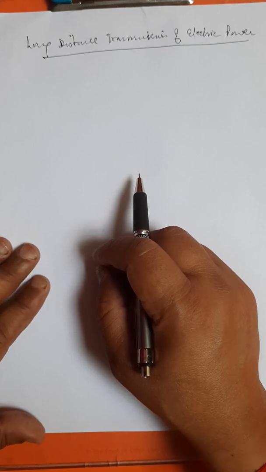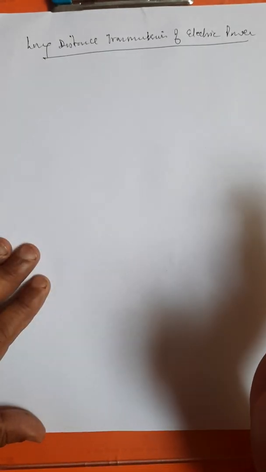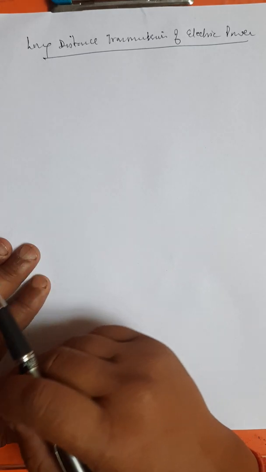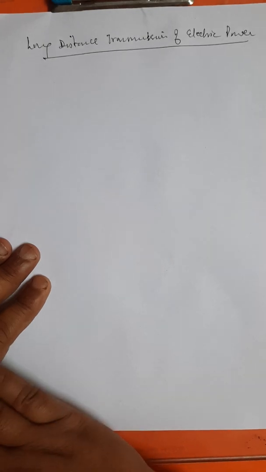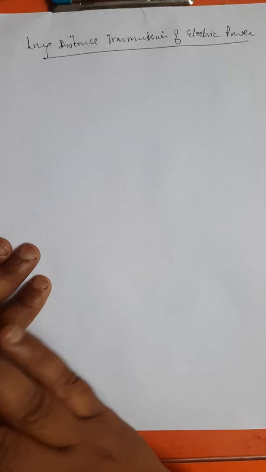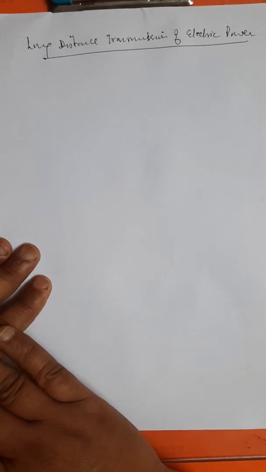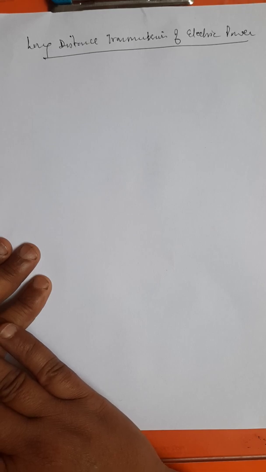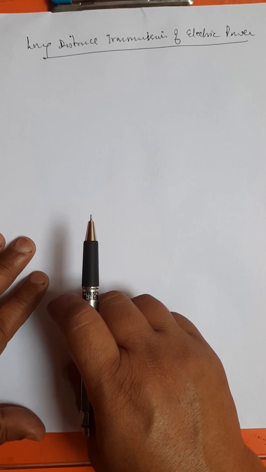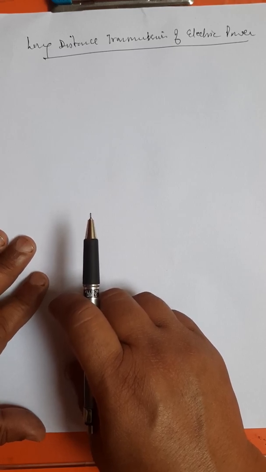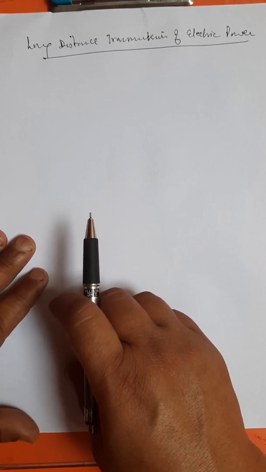So when electric power is transmitted from the power station, it is very far away. So the resistance of the transmission cables is considerable. So power loss will also be considerable. How to minimize this?